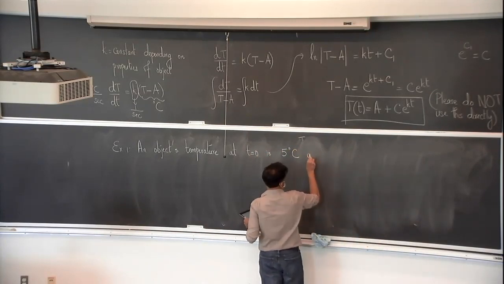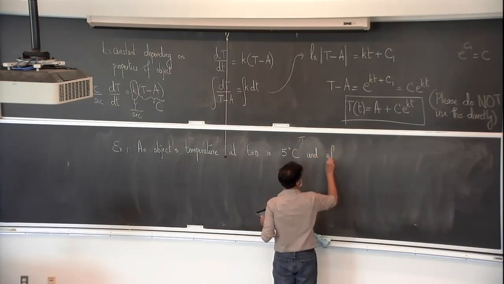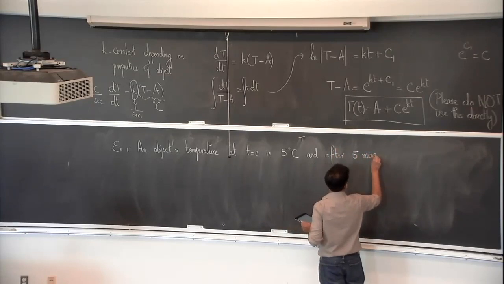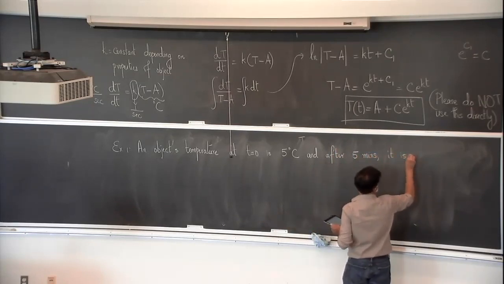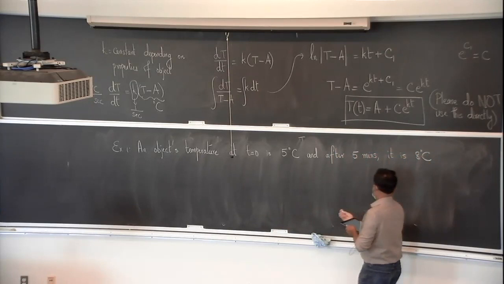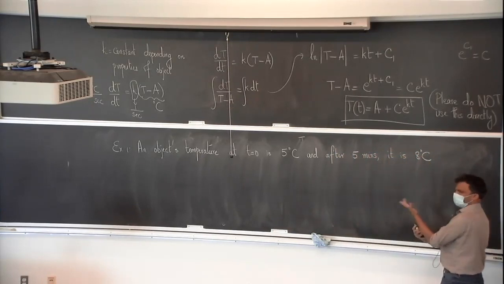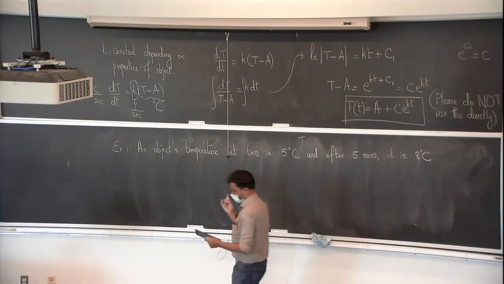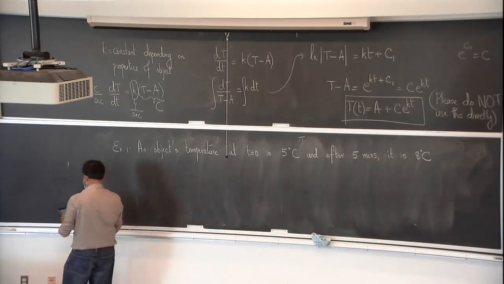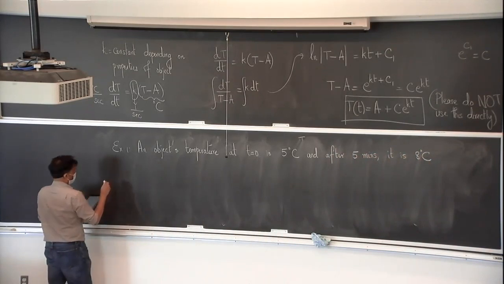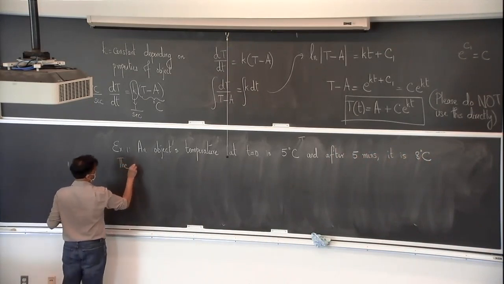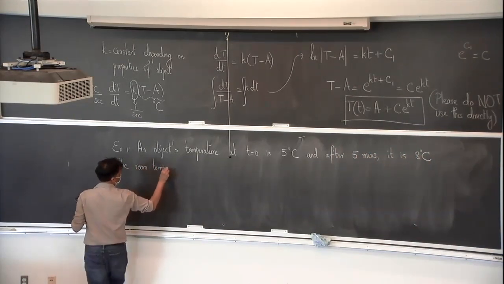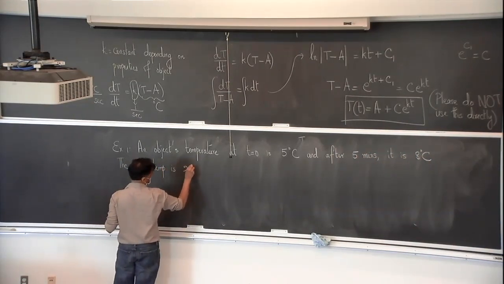And after 5 minutes, it is 8 degrees Celsius. Even if the law is called Newton's law of cooling, it applies to both warming and cooling. That's just the way the law is named. Doesn't mean that you cannot do it for the other one. The room temperature is 20 degrees Celsius.